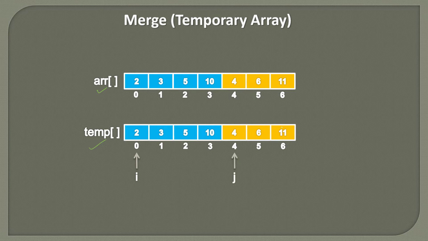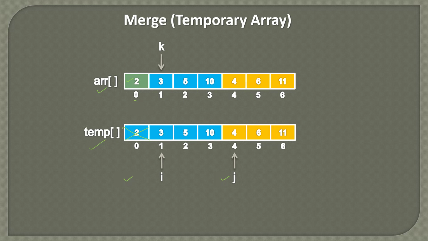In the original array we start from here, let's say K. We compare 2 and 4, denoted by I and J. 2 is less than 4, so we know that 2 will take this position, and we are done with this part. So we increment I, and we also increment K because we are done with this filling.